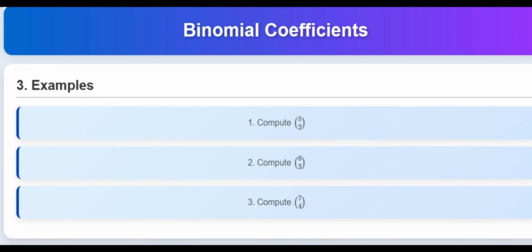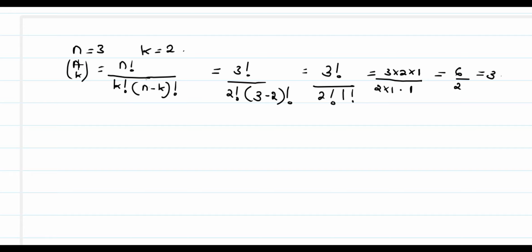And as we know, our formula is given by n choose k, which is n factorial divided by k factorial times n minus k factorial. But now in our case, n is 5 and k is 2.